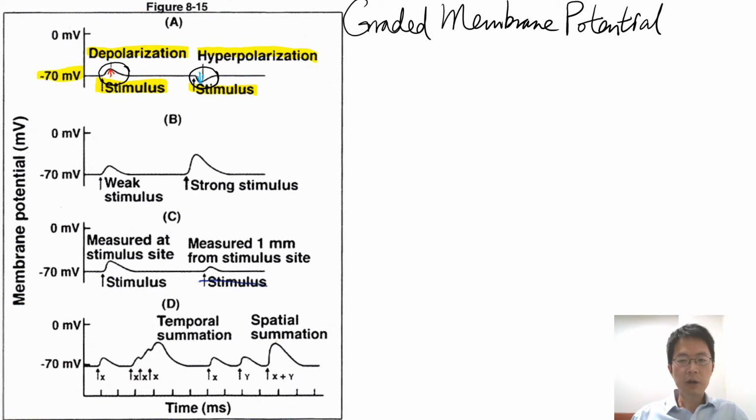Either one, as long as it is a small deflection from the resting membrane potential, we call it graded membrane potential. It's a small perturbation or small disturbance of your homeostatic resting membrane potential.